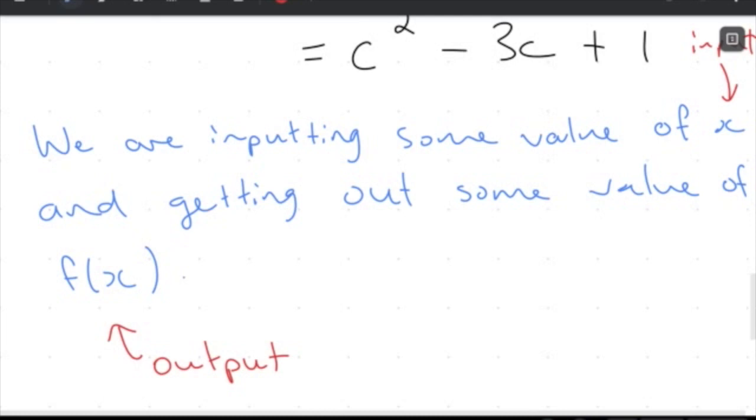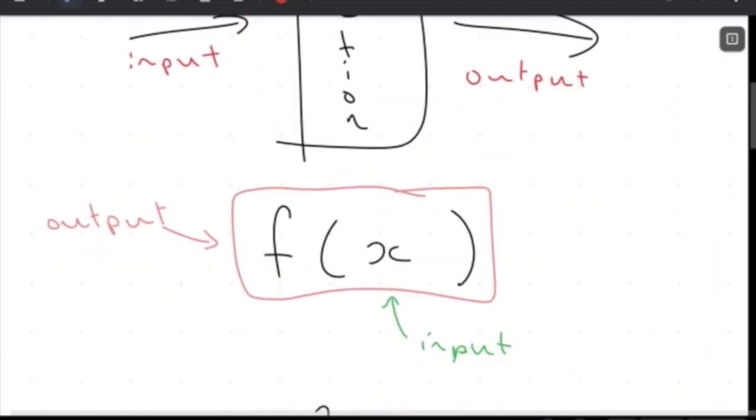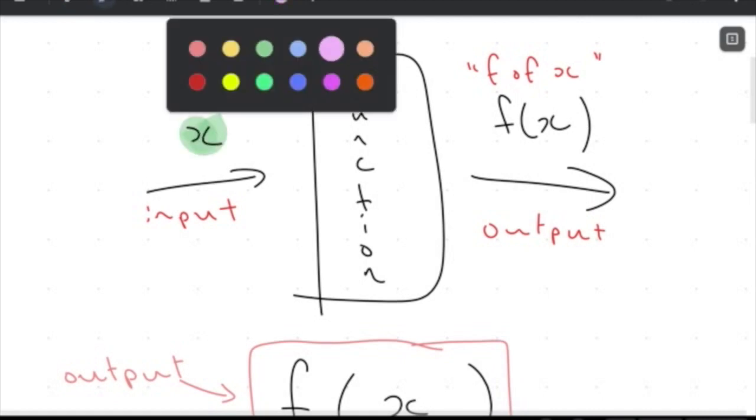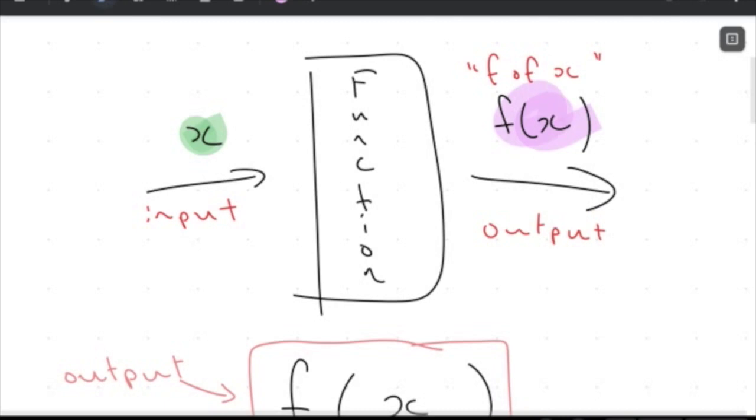So nothing's changed from when we first introduced functions. We're still putting something in and we're getting something out. It's this idea of my function machine that I drew up here. Something goes in, something else comes out. And now we just have a blanket umbrella notation of f of x, which we can use for any function.